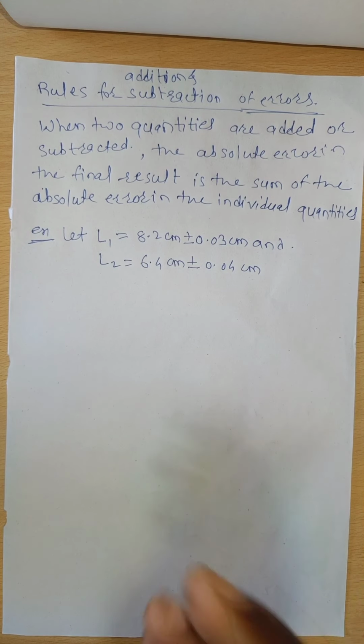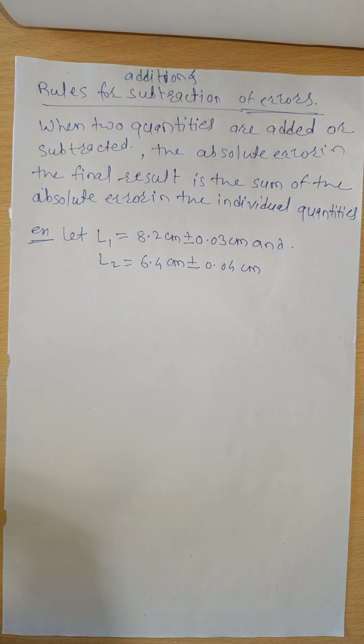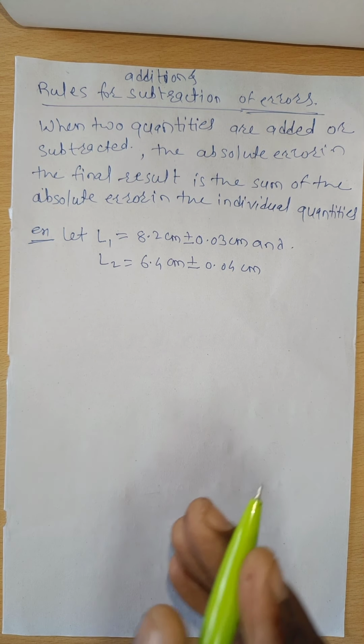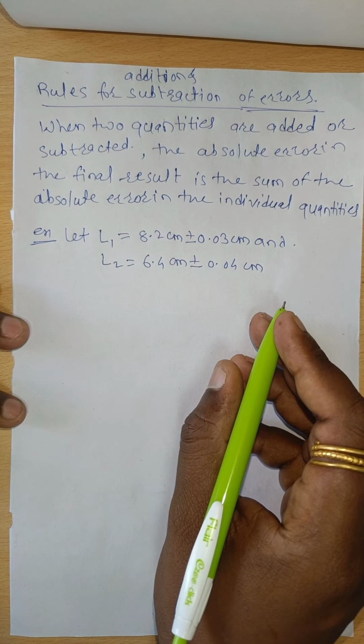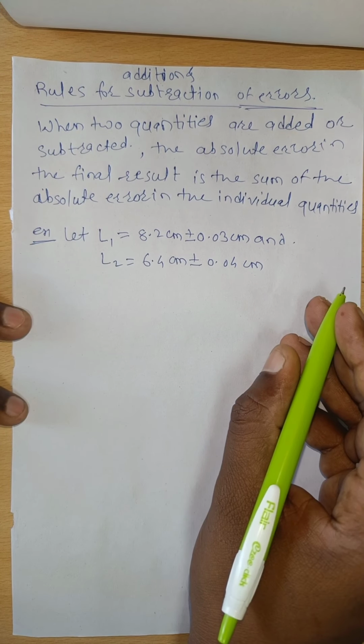If you add the lengths of L1 and L2, then what happens? And if you subtract the length of one rod from the other rod, then calculate the total length of the two rods.